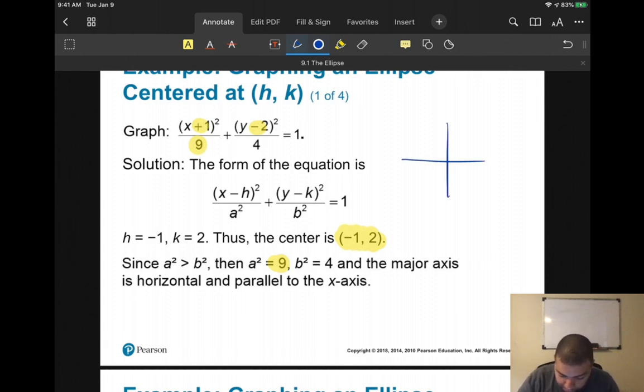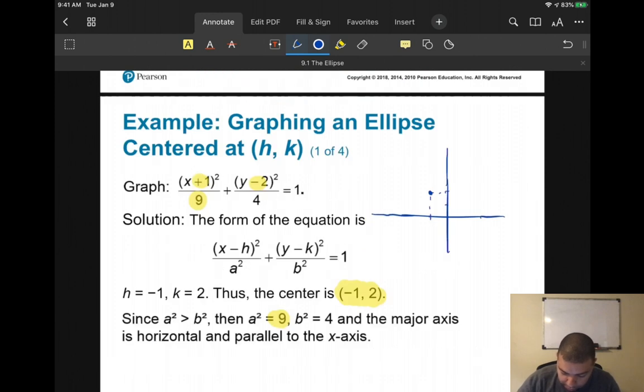So you graph the center first. So this is -1, this is 2. -1, 2 is the center. Now that I know where it is, I'll expand a little bit my graph, my axis, right? And then because A is 3, I move 3 to the right. So 1, 2, 3. So this is one vertex.